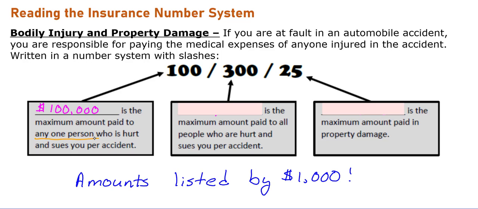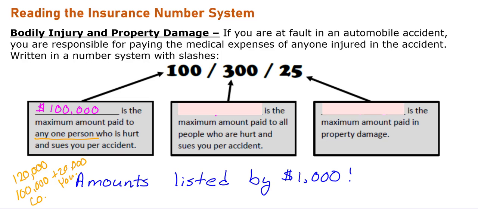So if a person charges you or sues you for 120,000, the company will only pay 100,000. You would be responsible for the other 20,000. Okay, so that would be the company, and this would be what you would be responsible for.